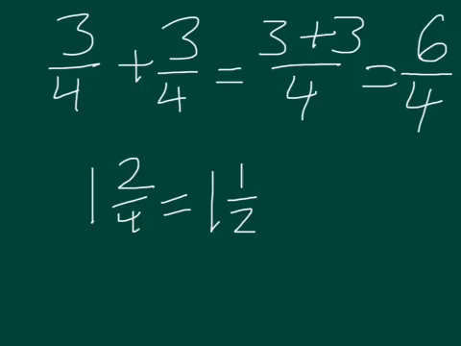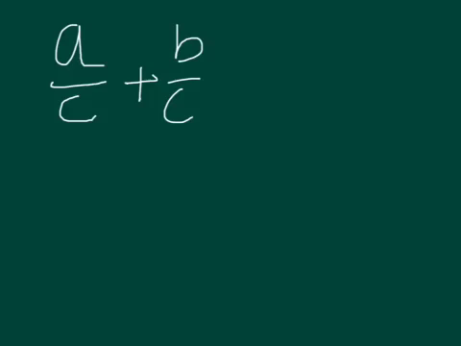So let's look at the way we look at fractions. Okay, so we look at fractions simply as this: A over C plus B over C is the same thing as A plus B over C. And you notice that the C has to be the same.